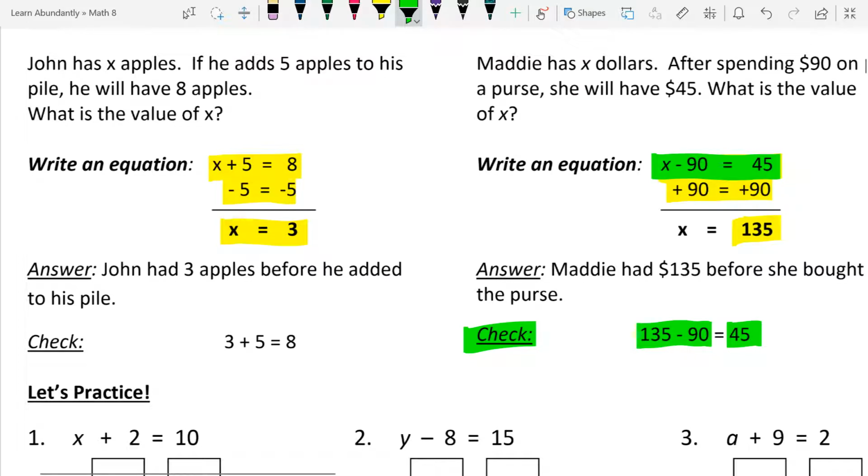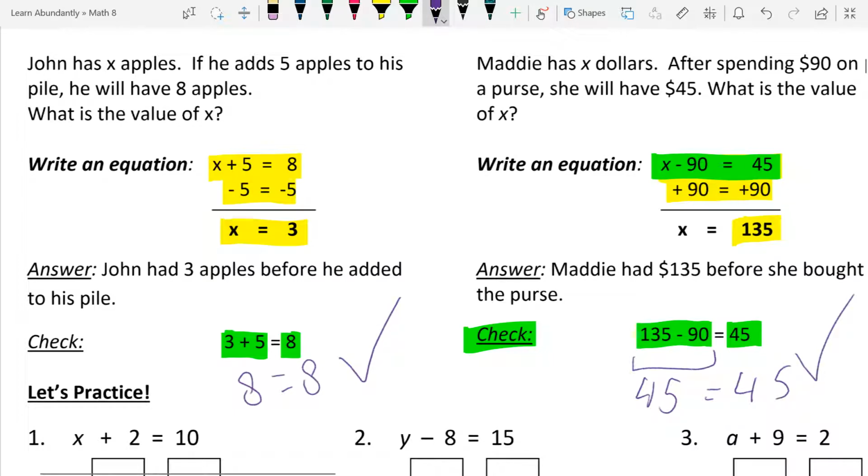If he had 3 before and we add 5, he should end up with 8, just like he did. And if we check our math and we type this in our calculator, we get 45 equals 45. And we get 8 equals 8. And that's a way we can check to make sure we got the right answer.